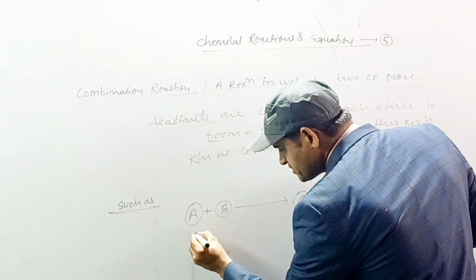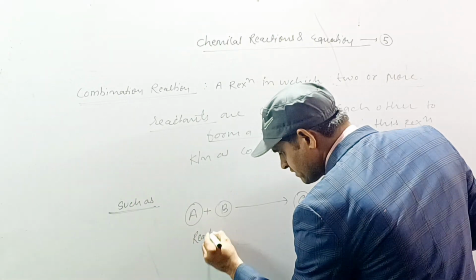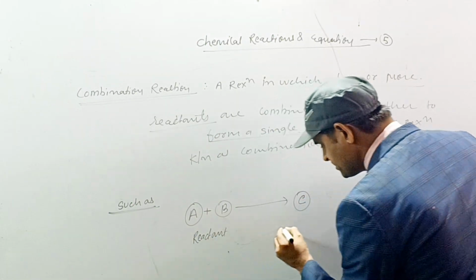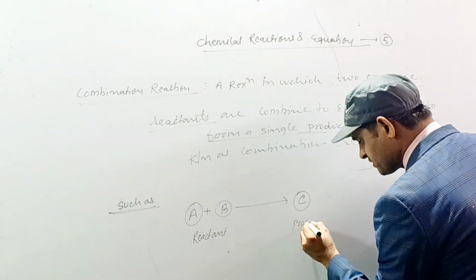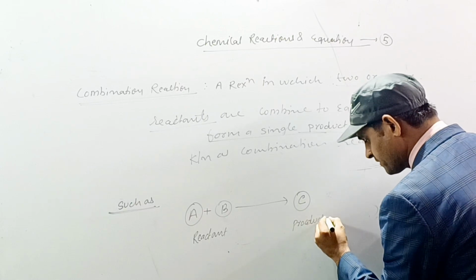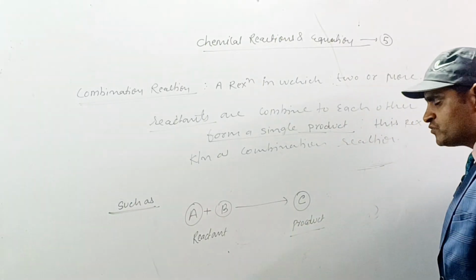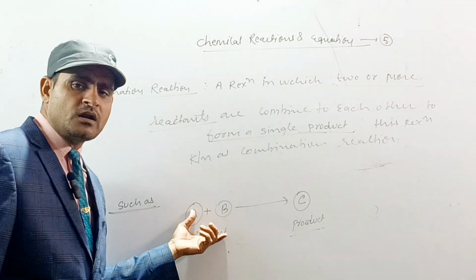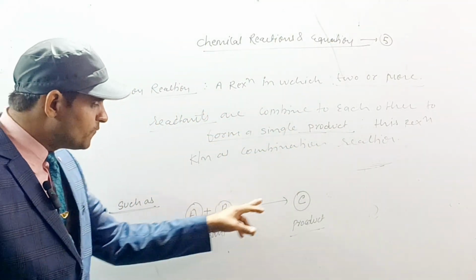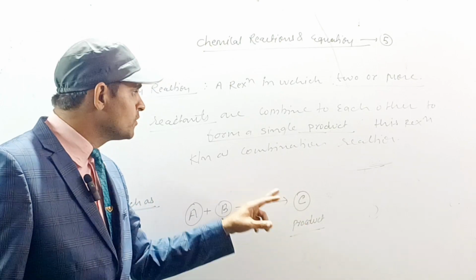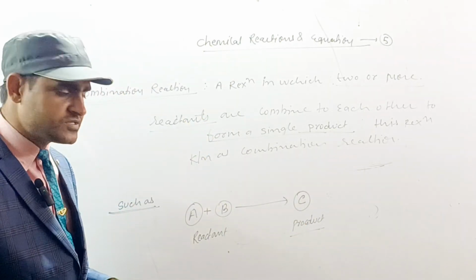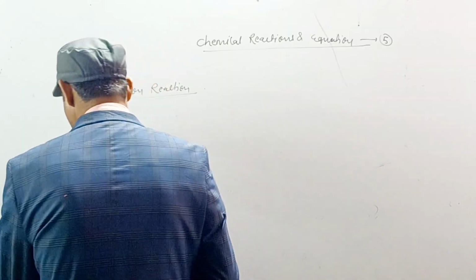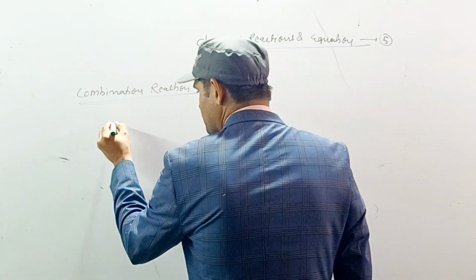This is known as the reactant and this is the product. Have you seen in this reaction, two reactants combine with each other to form a single compound, known as a combination reaction.